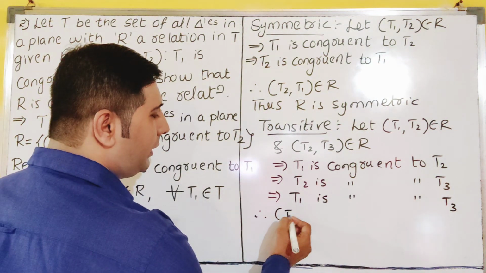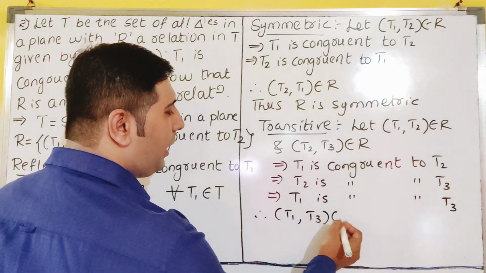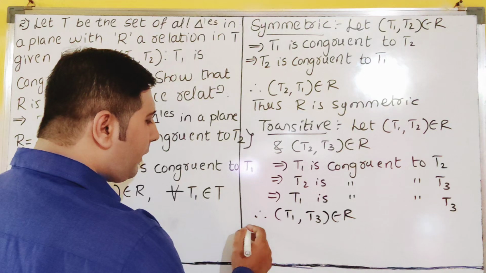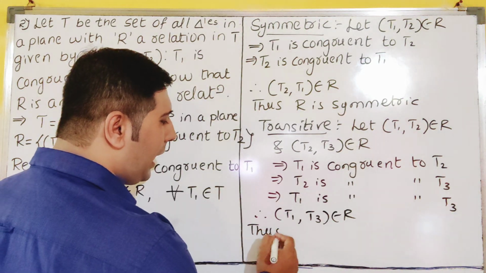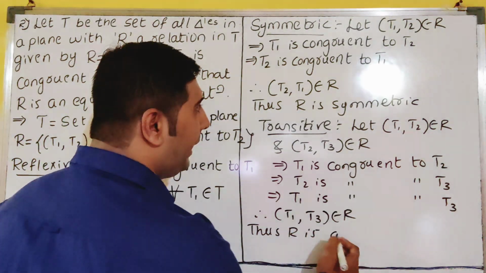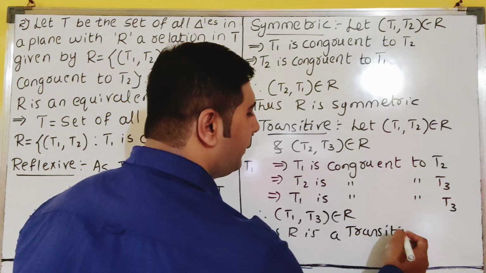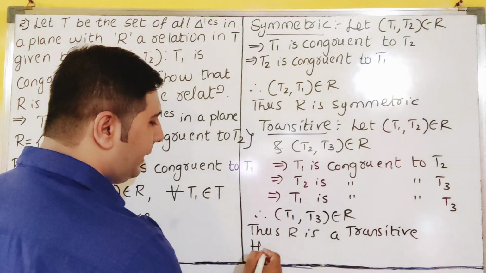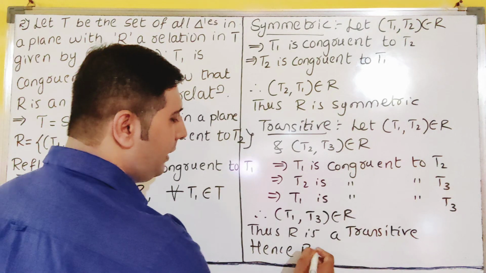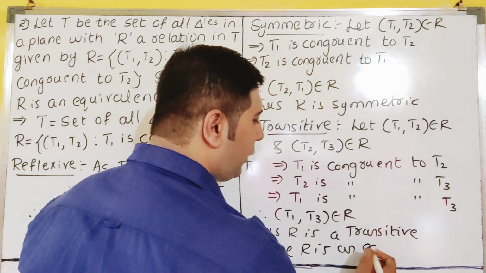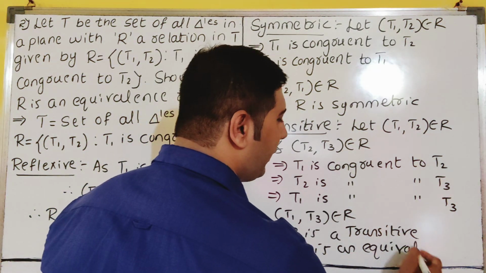Therefore (T1, T3) belongs to R. Thus R is transitive, hence R is an equivalence relation.